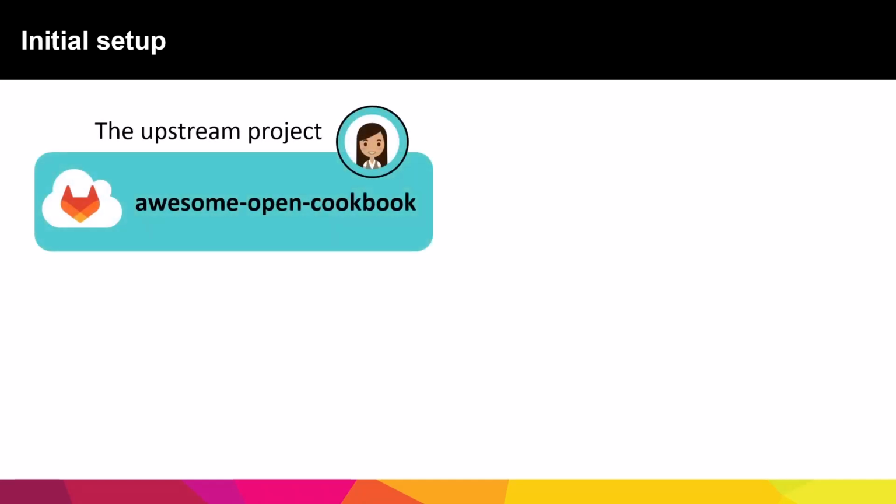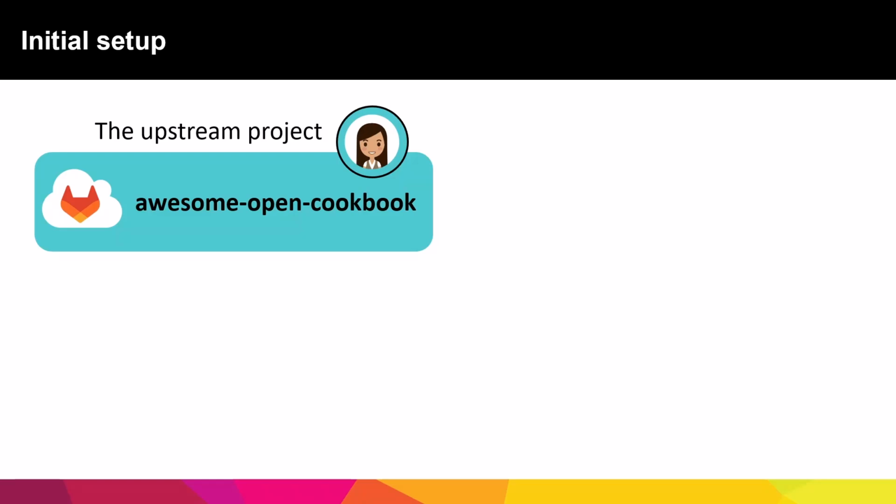So with that in mind, let's talk about how you would set up your system to contribute to a project that is hosted on GitLab or GitHub using the branch and fork method. So to start out with, let's say that the awesome open source cookbook is stored in GitLab in the cloud. So let's say we also have a new contributor named Anna who wants to contribute to this cookbook for the very first time.